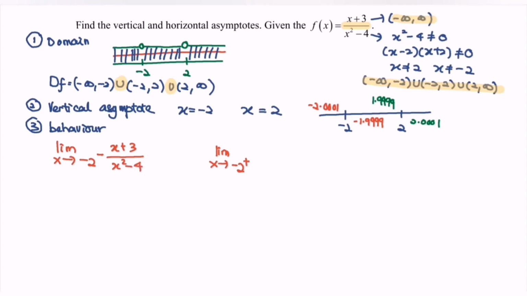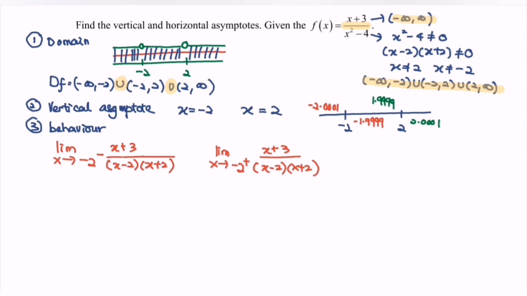In this part, my suggestion would be to substitute using the simplest form, which means x minus 2, x plus 2. So x plus 3 over x minus 2, x plus 2.